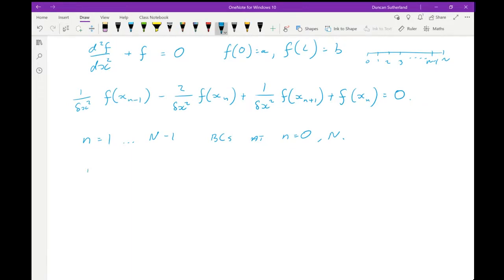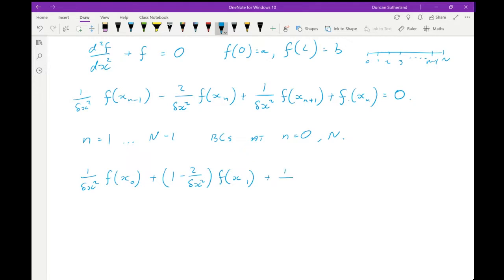If n is 1, then we've got 1 on delta x squared f x naught, plus 1 minus 2 on delta x squared f x1. Right, that's combining those two terms.